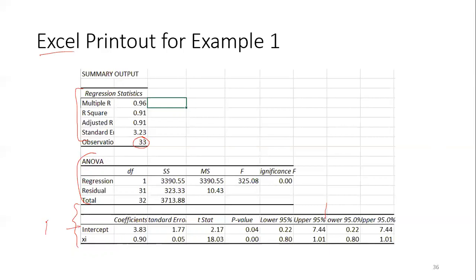The first one is the intercept, related to beta 0, and the second is related to beta 1. It gives the estimates, so these are b0 and b1. The second column is the standard error, S of b0 and S of b1, and then the t statistics and p-values.